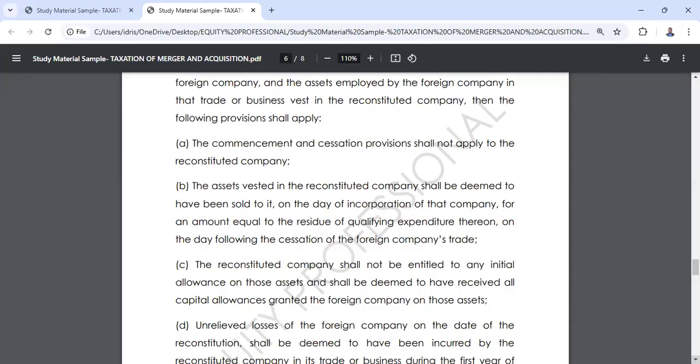What this means is that the reconstituted company shall not be entitled to any initial allowance on those assets and shall be deemed to have received all the capital allowance granted to the foreign company on those assets. After the company has been reconstituted, on those assets taken over, you cannot claim initial allowance, and you cannot claim annual allowance, because you will take them over at residual value, and the residual value is, I think, 20 naira or 10 naira.